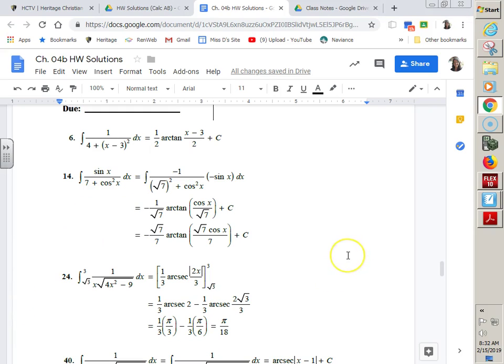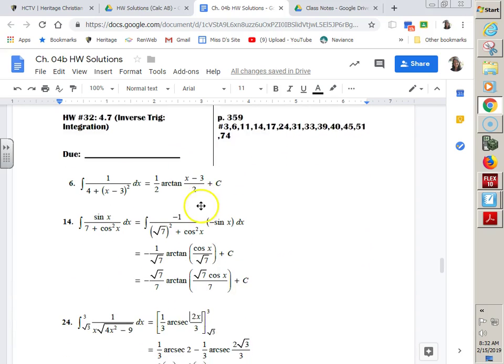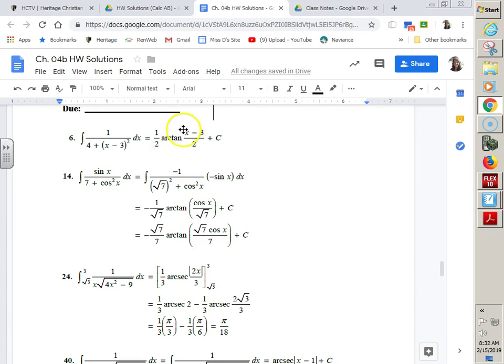Okay, grading the evens. Number 6, final answer should have been 1/2 arctan of (x minus 3) over 2 plus C. Arctan or tan inverse, both are fine. Number 14, did you guys realize u was cosine and a was, oh no, they gave us a 7. That's okay.